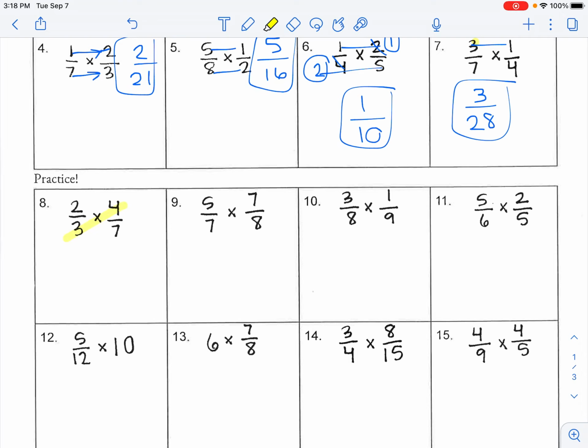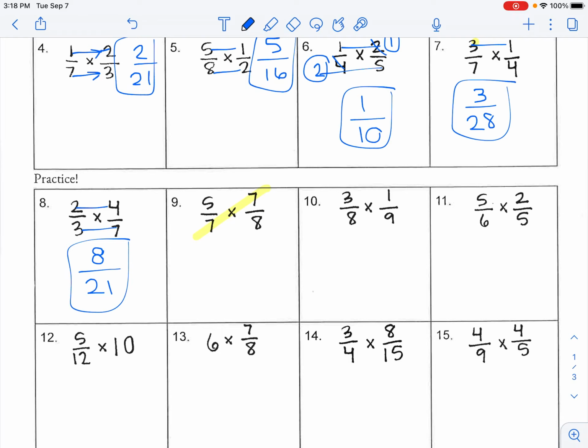Look at 3 and 4. Can't divide. Look at 2 and 7. Cannot divide. If you can't divide, you're going to multiply numerators and multiply denominators. Now, anytime you have the same number diagonal from itself, it's always going to reduce to a 1.